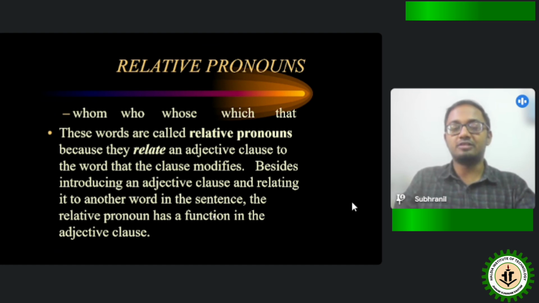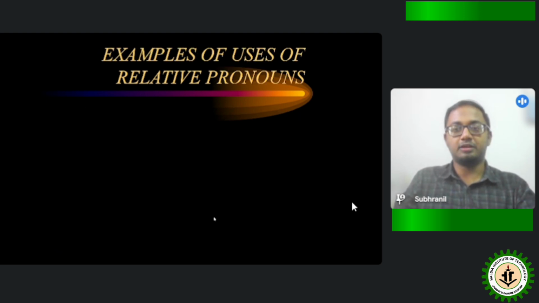So these words are called relative pronouns because they relate an adjective clause to the word that the clause modifies itself. Besides introducing an adjective clause and relating it to another word in the sentence, the relative pronoun has a function in the adjective clause as well. Some more examples of uses of relative pronouns.